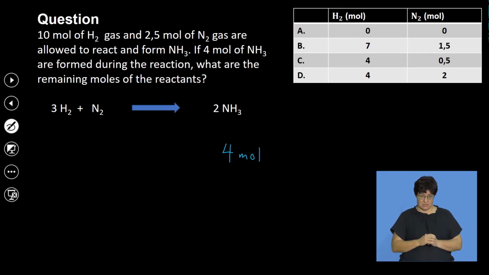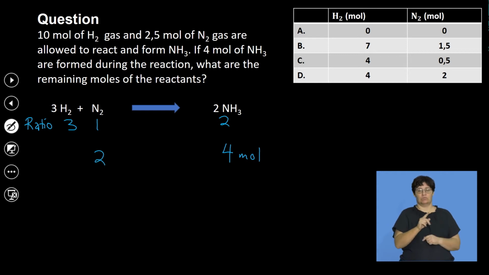To form 4 moles, how many moles of nitrogen are needed? If 1 forms 2, our ratio is 3:1:2. So for us to form 4 moles, how many moles do we need? We need half that number, which is 2.